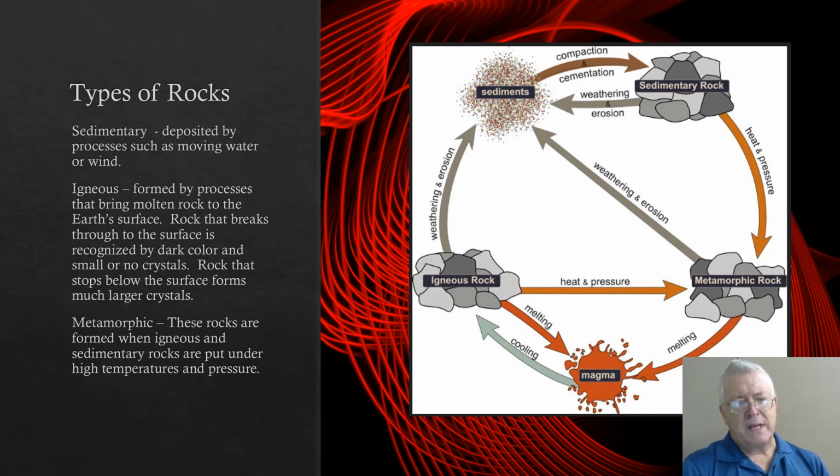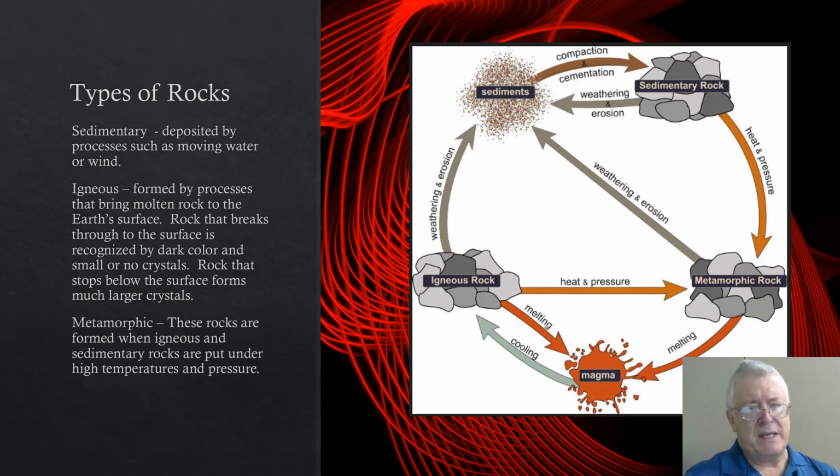The last one is metamorphic rocks. Metamorphic rocks are caused by intense pressure. So igneous and sedimentary rocks both are put under high temperatures and pressure, and then they become metamorphic rocks.